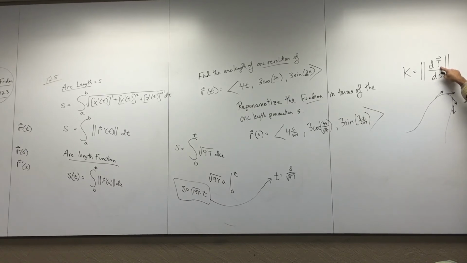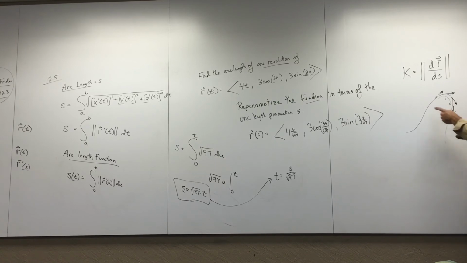This is hard to talk about, isn't it? It's the rate at which the tangent vector changes, which amounts to it changing direction. And we want to do that with respect to how far it's traveled, s, length traveled. So is there a big direction change in a small change of length?